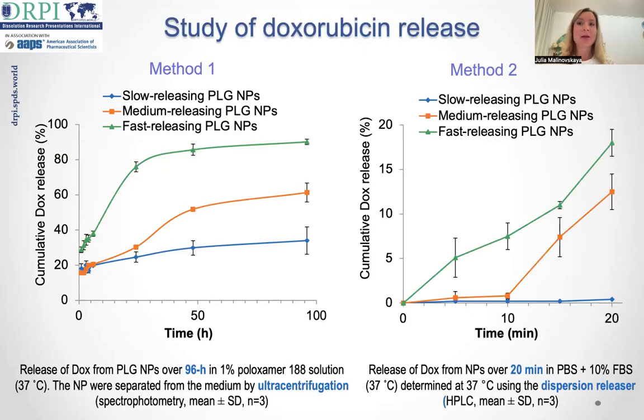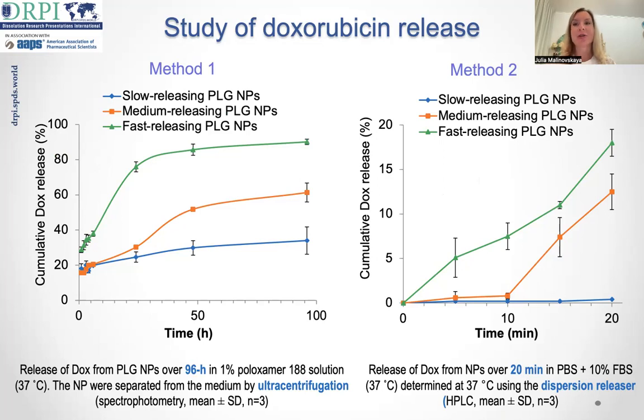The drug release profile in vitro was investigated using 2 different techniques. The first one was performed using a simplified release media and a centrifugation method to separate nanoparticle-bound doxorubicin fraction, and the second one using dispersion releaser technology with a donor and acceptor compartments and medium replacement.